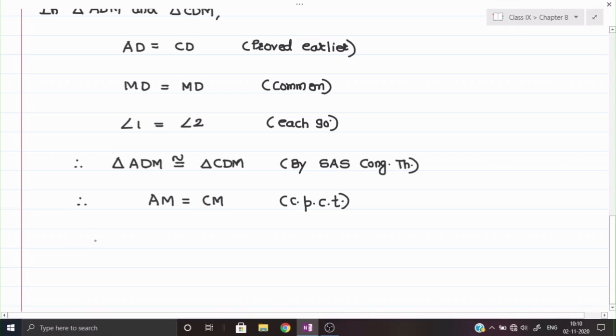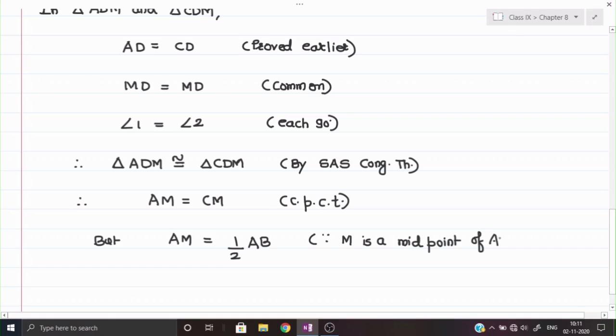We know that AM is equal to half of AB. That is given in the question, that AM is half of AB, or M is a midpoint of AB. You can say that here, since M is a midpoint of AB.